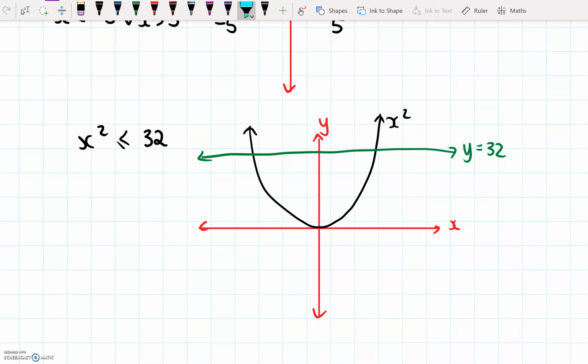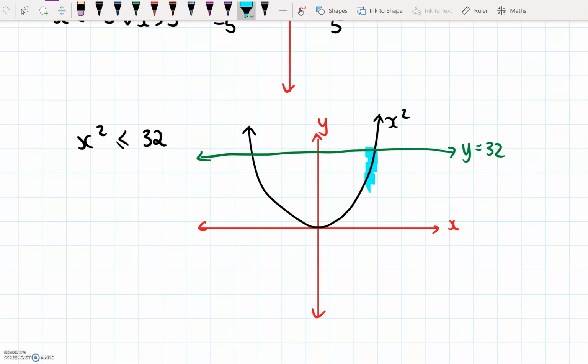That means it's going to be below the green line, because it's less than. So we're working with this part of the function here. Again, we just need to know what these two points are. We're going to circle them and draw in between to indicate that we're looking in between. Now it's less than or equal to, so because it can be this value, we're also going to color it in.